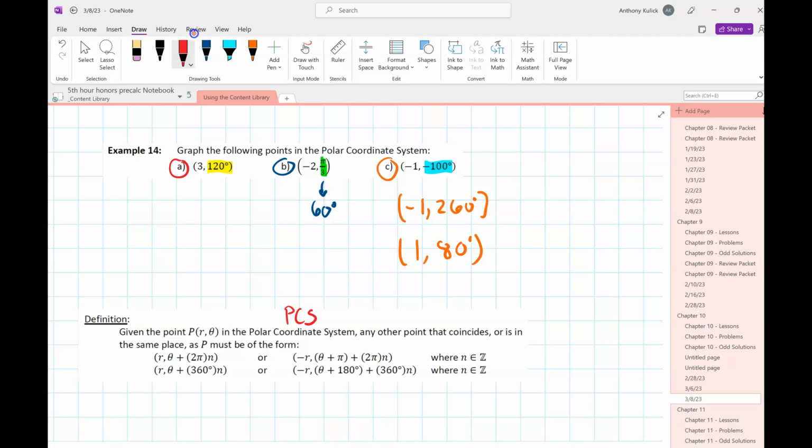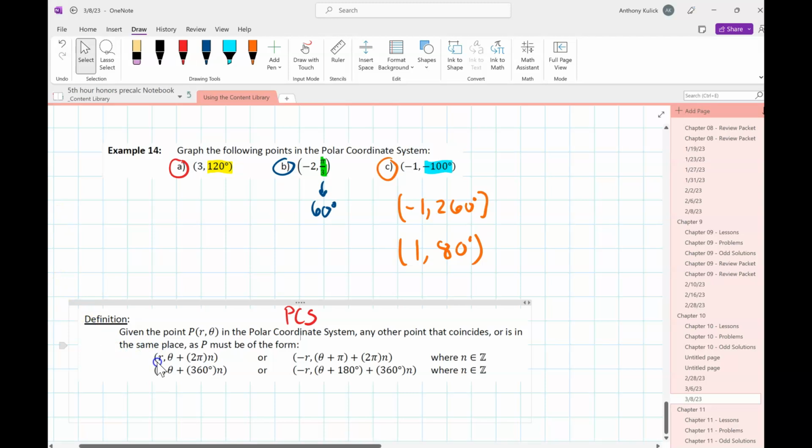Any other point that coincides with P must be of the form r comma something coterminal to theta, which is what we observed here, or it could be negative r, flip the angle across the axis, which is what we did. If I added 180 to this, I'd get the 80, and then anything coterminal to that.